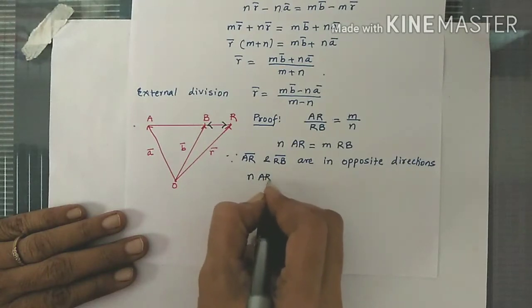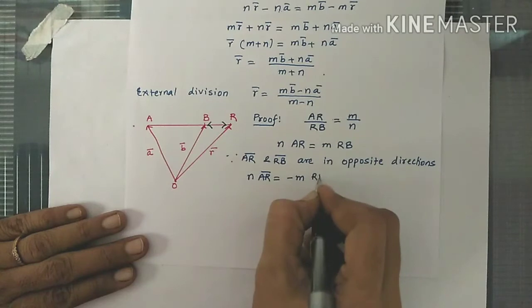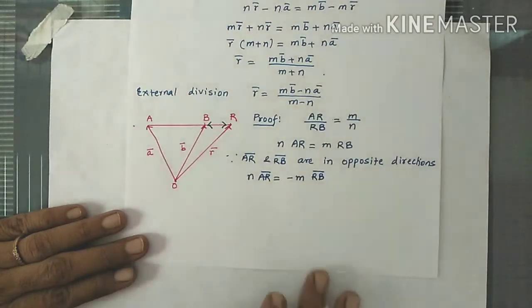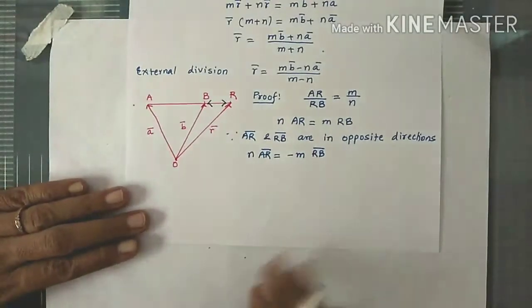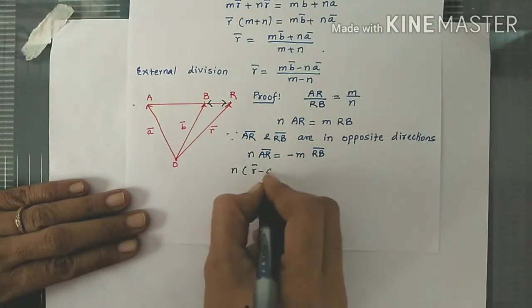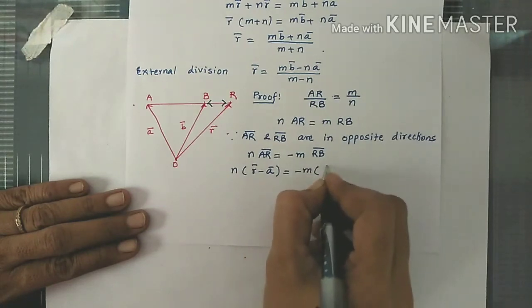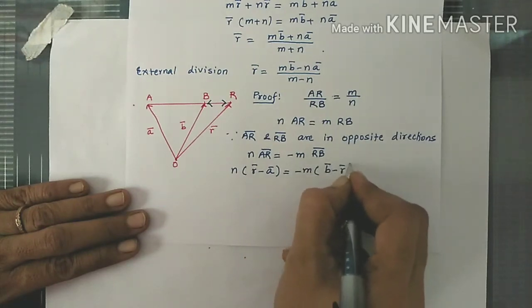So to convert this into vector form, minus m RB bar, we have to put minus sign here. Now the rest is same. Let's solve this. So n into R bar minus A bar equal to minus m into B bar minus R bar.